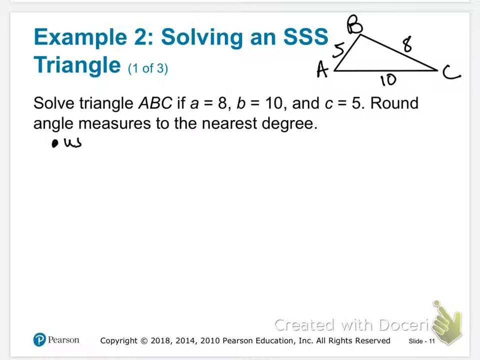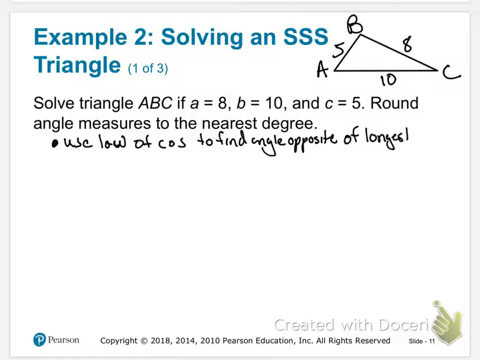This is just a note, so if you're not listening, you have this law of cosines to find the angle opposite of the longest side. Okay, so here the longest side is 10, so the angle opposite is b.